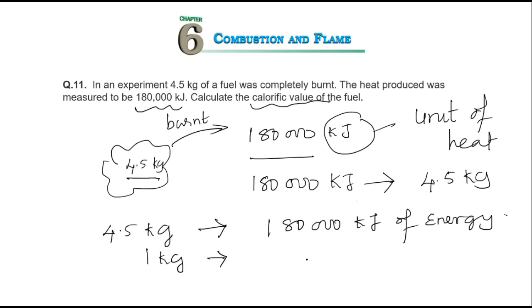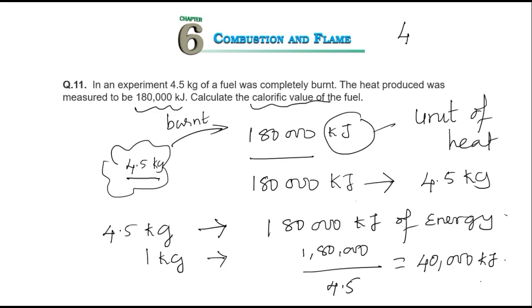So it will be a very simple calculation: 1,80,000 divided by 4.5, and that will give you 40,000 kilojoules. Understood? And this 40,000 kilojoules, if you write per kg, is the calorific value of this fuel.